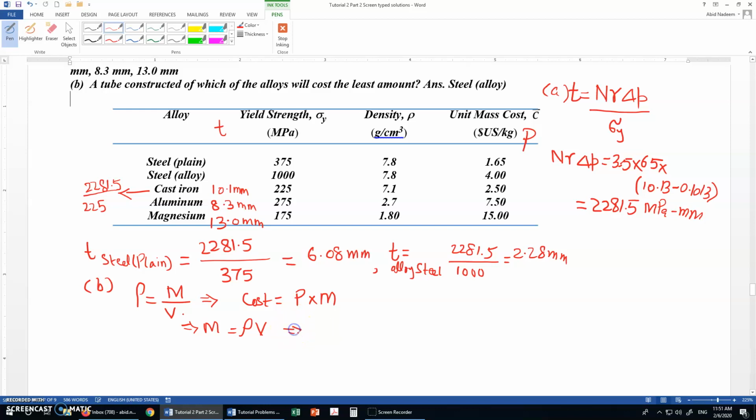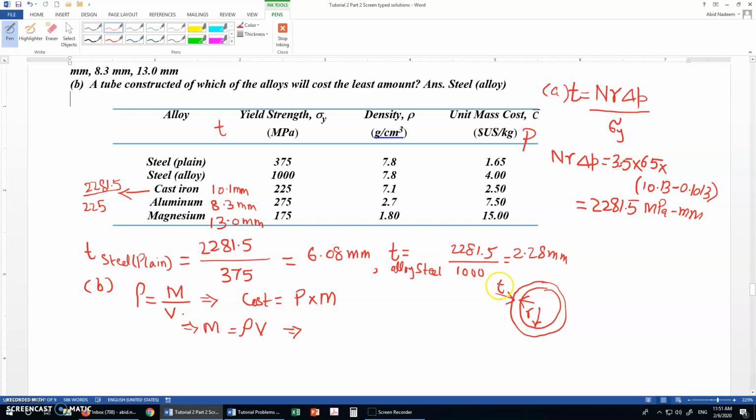Anyway, because this is a thin tube and we need its volume, and the tube has a thickness t and its internal radius r.